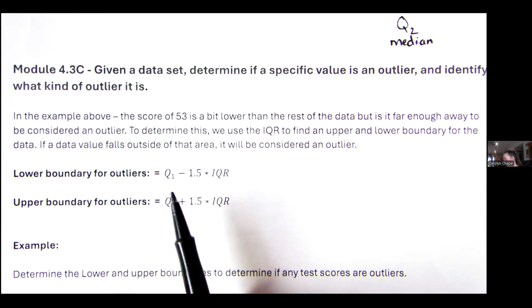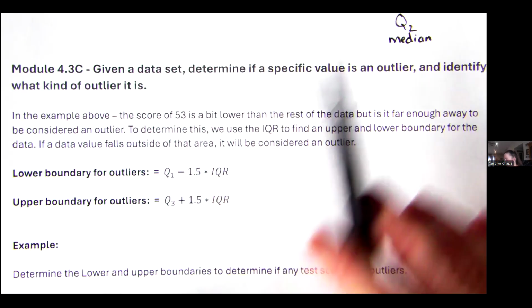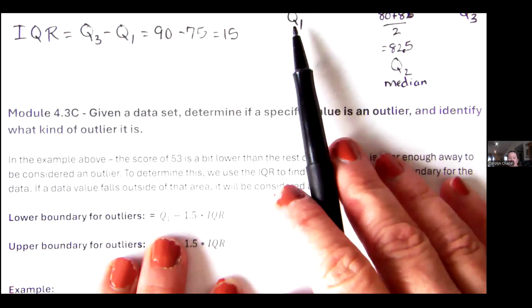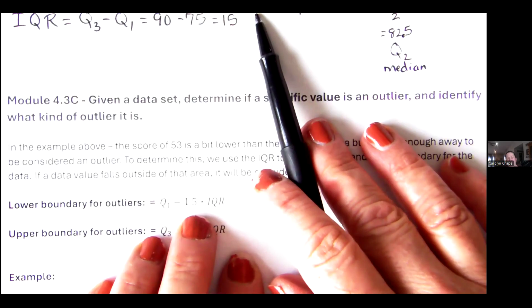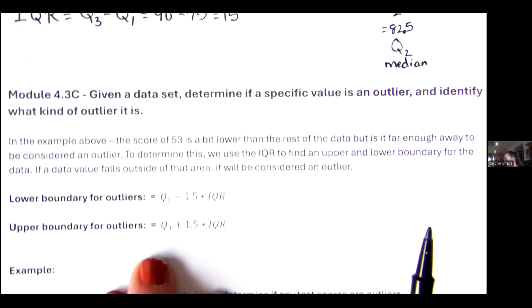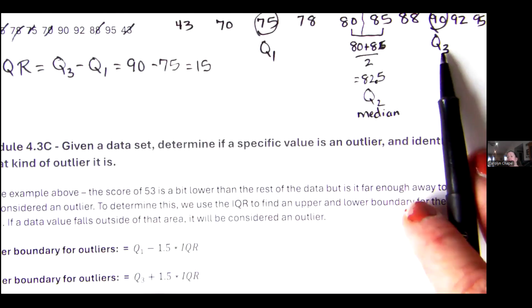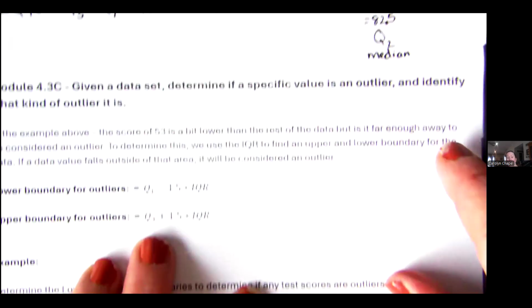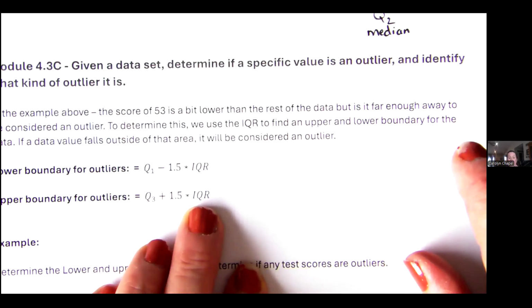The formula is taking our Q1, that's our lower one, and then we're going to go down a little bit, and the amount we go down is 1.5 times that interquartile range. We also find an upper boundary by taking our Q3 and going up that 1.5 times the interquartile range.